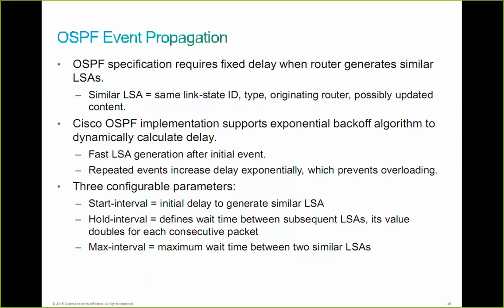Remember, a similar LSA is link state ID, LSA type, origin ID, just maybe different content. Maybe a metric has changed, maybe a specific value of the actual route has changed, whatever that might be. Now, the backoff timers are initially set to a low value, and they're set to a low value so that we can establish quicker convergence times.